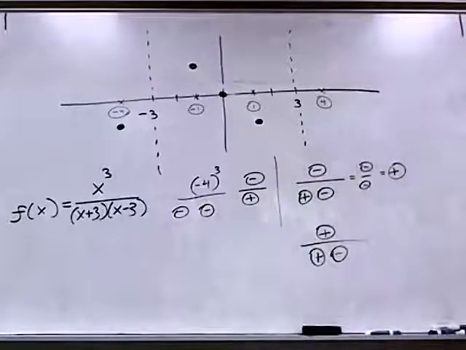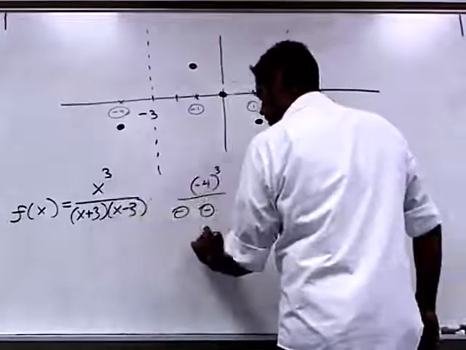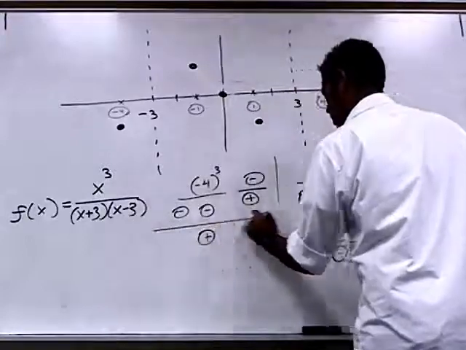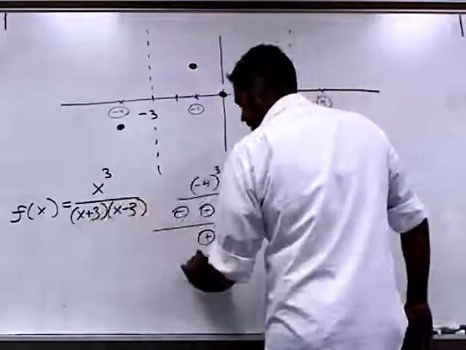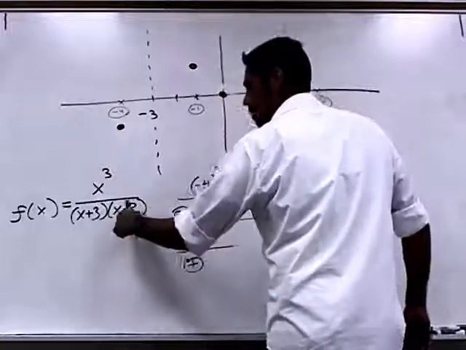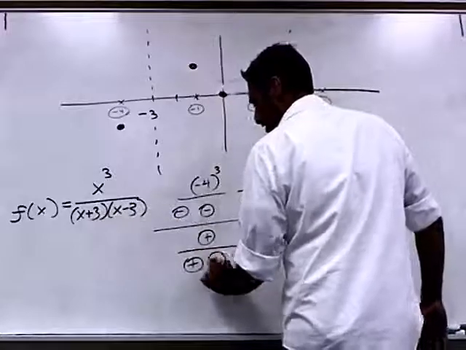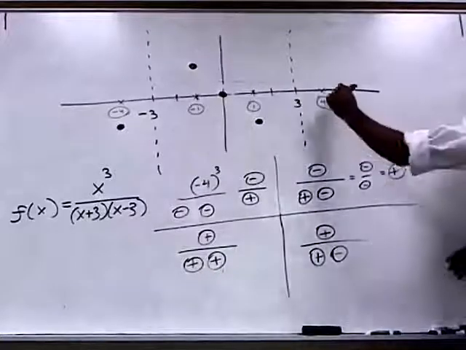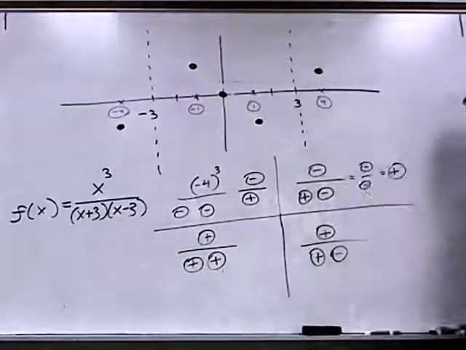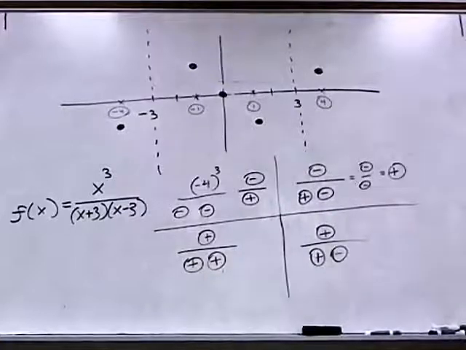And then what happens if we plug in 4? On top, 4 cubed is a positive number. 4 plus 3 is 7, so positive, and then 4 minus 3 is still +1. So positive over positives is all positive, right? So we get like this. Y'all okay with that? Test points?